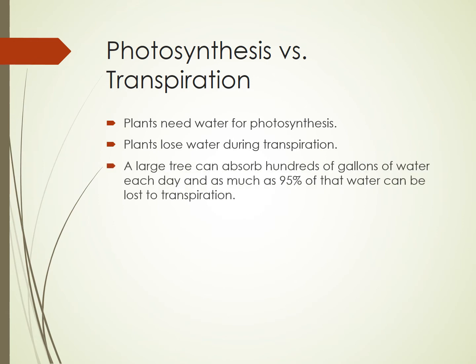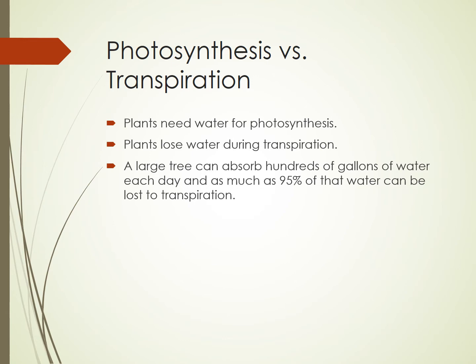So a large tree, and we're talking about a fully grown oak tree or a maple tree, can absorb hundreds of gallons of water each day, and as much as 95% of that water can be lost to transpiration. So let's put that in context for a second. If you think of a tree, let's imagine that over its lifetime, the tree absorbs 10,000 gallons of water.